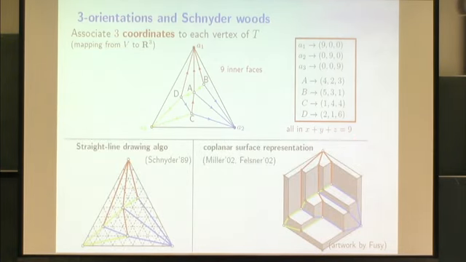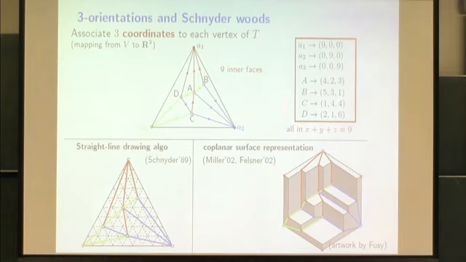And if you put these points at these coordinates, you can produce 2 nice geometric pictures. One is that I'm looking here at this plane x plus y plus z, and in this plane I've placed the vertices at their coordinates, and I've drawn straight edges between them according to the triangulation, and it turns out that the picture is a correct drawing of the original triangulation.